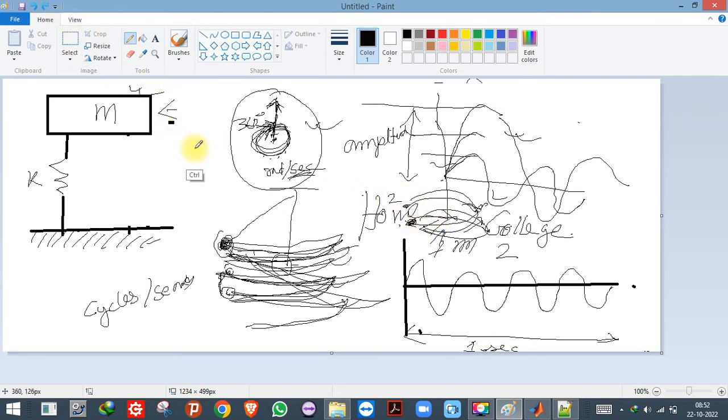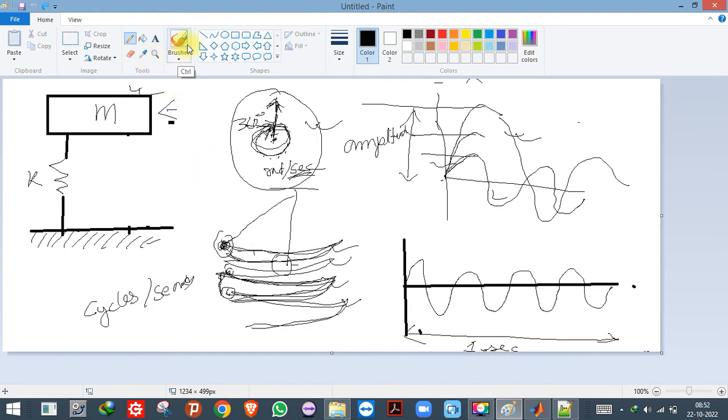Now what do I mean by that? Again, to understand the frequency, the best example is you have started your journey from your home, and this is your college. So in 1 second, first you have started from your home, gone to your college, and again come back to your home. So this is 1.